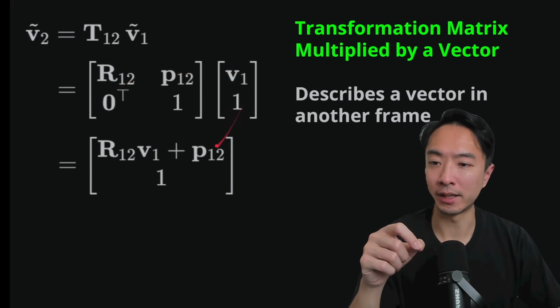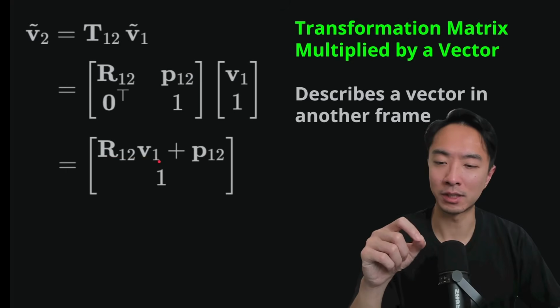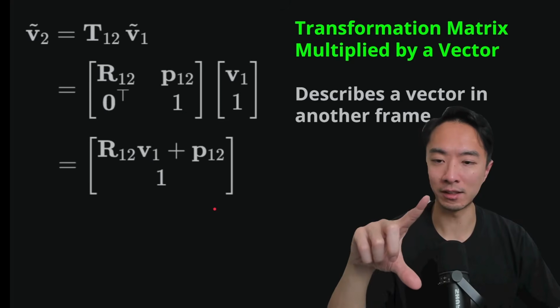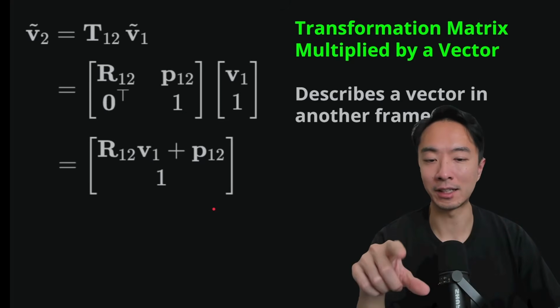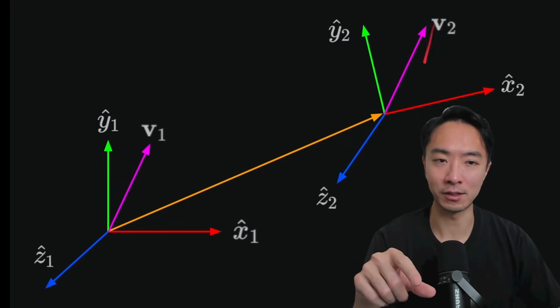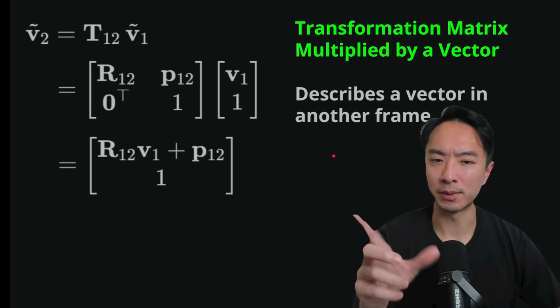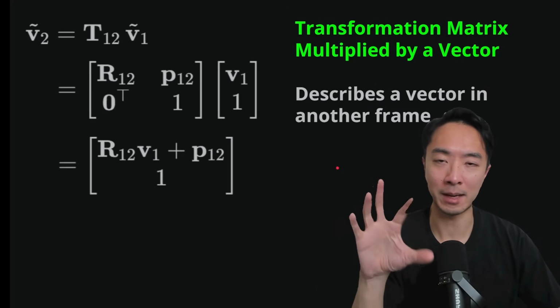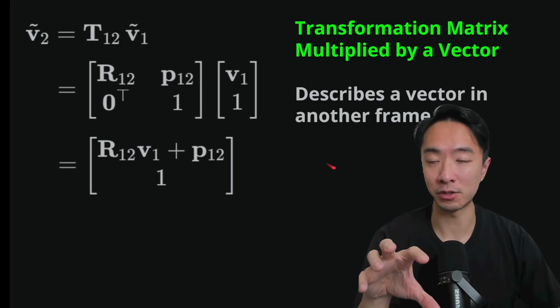And when you multiply it out, you end up getting r12 times v1 plus p12. So what this says is basically you have a vector, you rotate it, and then you translate it. So that gives you the vector that we see here, v2. So it's basically a series of rotation and translations, which is all captured within the transformation matrix when you see it in matrix form.